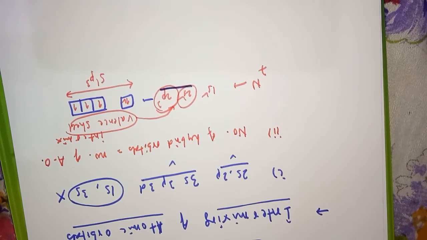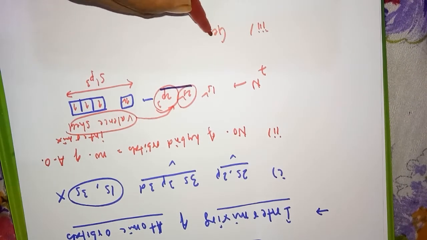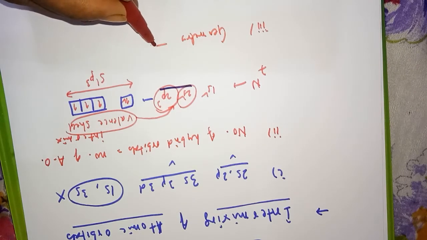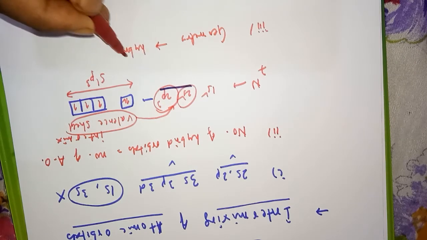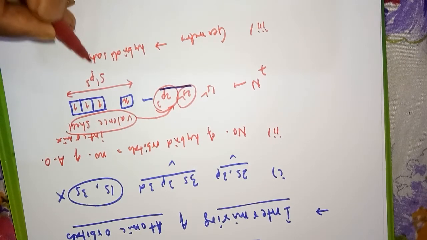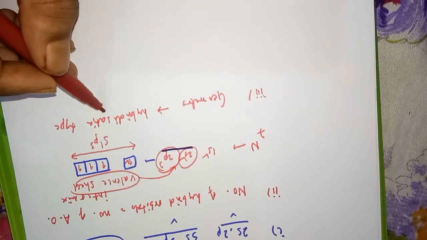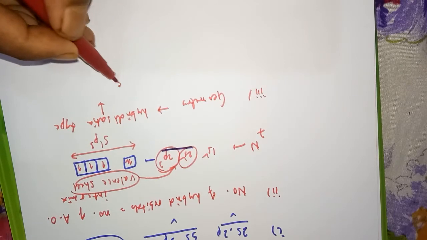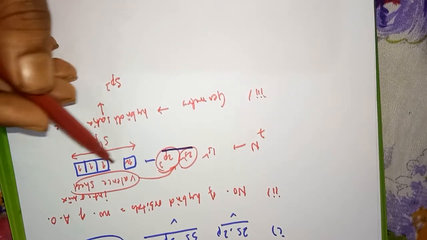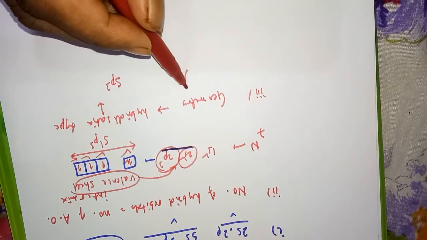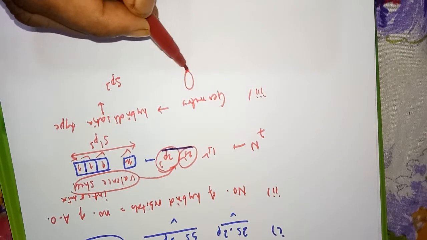Another point: geometry is indicated by the type of hybridization. Geometry depends on the type of hybridization. Now if the hybridization type is sp3, how many orbitals are there? 1, 2, 3, 4. Then the geometry will be like that. sp3 is tetrahedral.